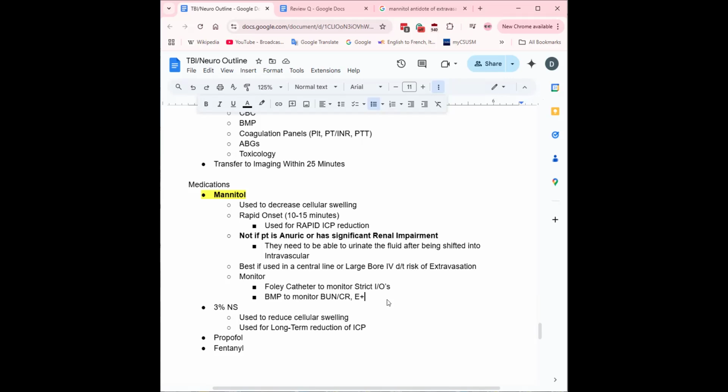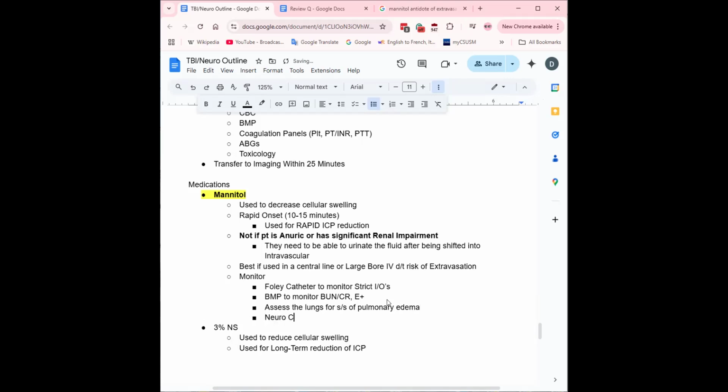Or if their kidneys aren't working, then it gets stuck in there, and again it can go to the lungs. So the main idea is if they're not able to pee it out, or if they have issues with CHF or chronic kidney disease, this one can cause them to get pulmonary edema. So assessing the lungs is good. It's going to be your main thing.